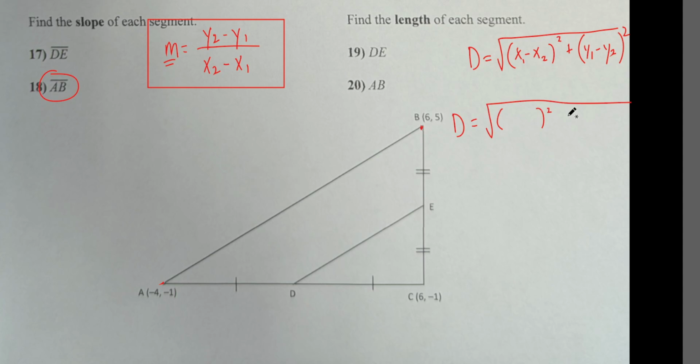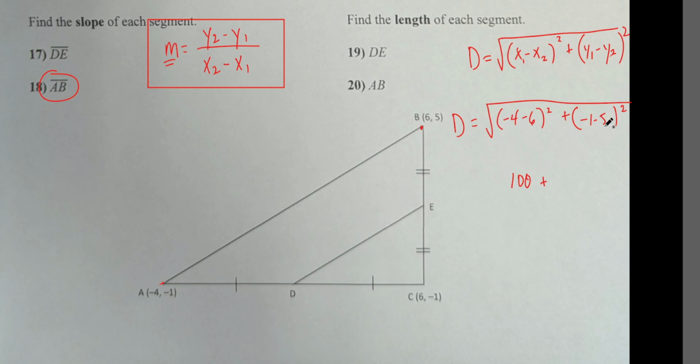So I like to do this first. And let's put the numbers in. Right here. Same numbers, right? So it doesn't matter what order you put them in. Let's just do the x's. So that's negative 4 minus 6. Let's do the y's. Negative 1 minus 5. We already did this math already. That's negative 10. What's negative 10 squared? That's 100.